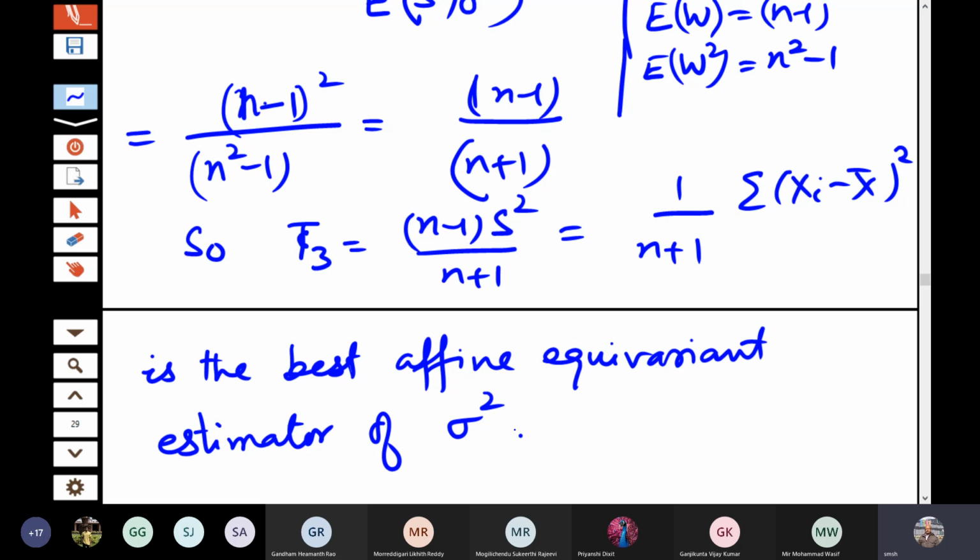So we have seen in the uniform distribution, for estimation of the scale parameter, we got some better choice, that is (n plus 2) by (n plus 1) xn. And in the case of normal distribution also, now we are seeing that for the estimation of sigma square, we are getting a better choice as far as the mean squared error is considered as a criterion of estimation. So I hope it is well understood.